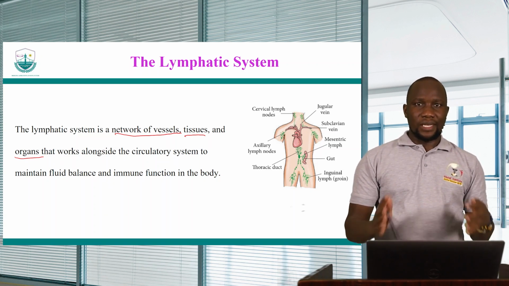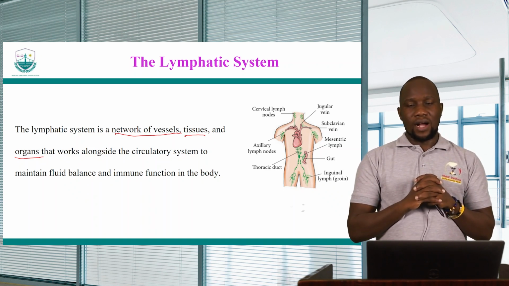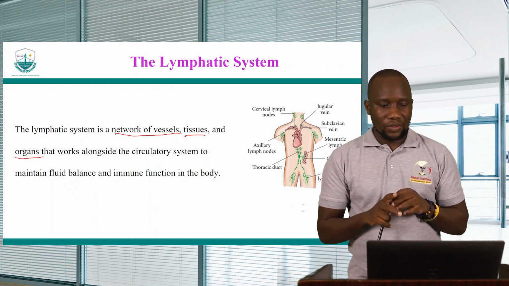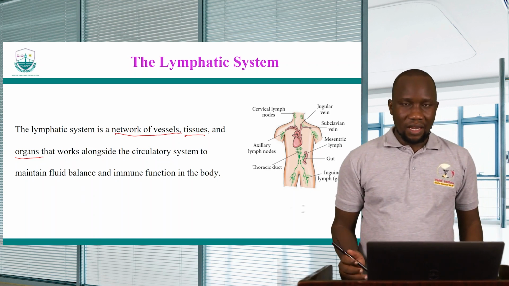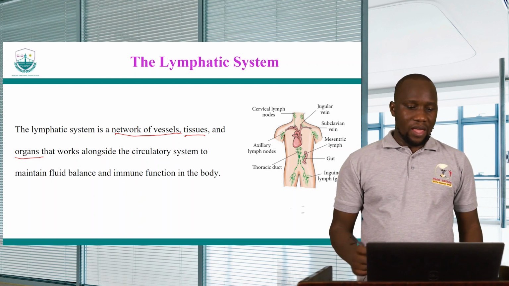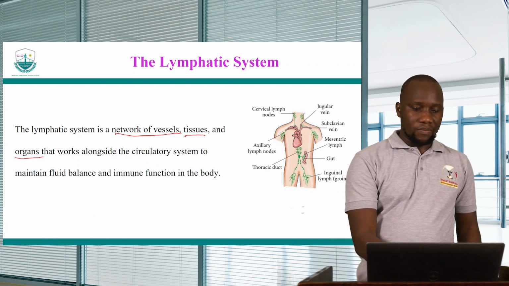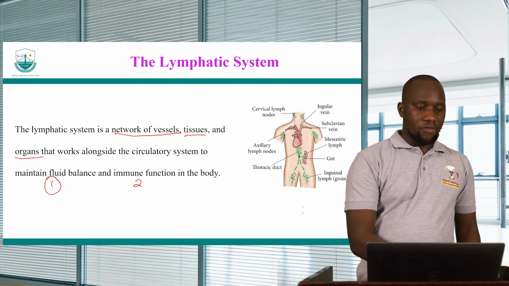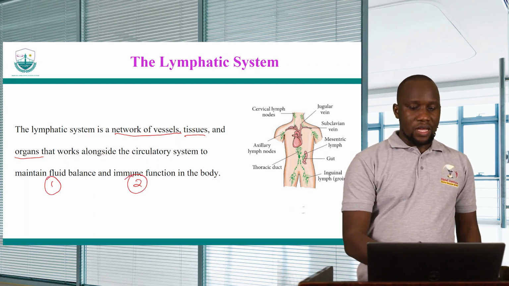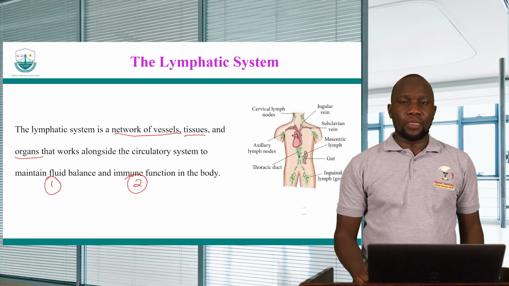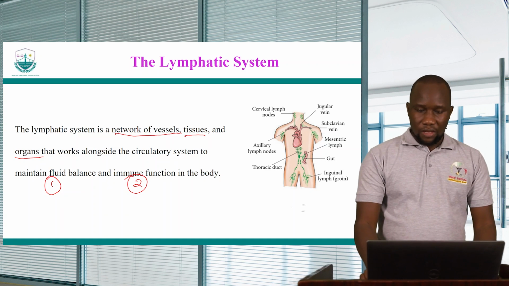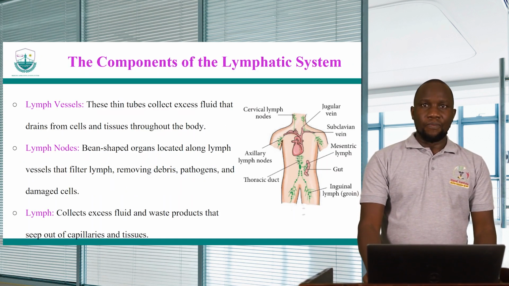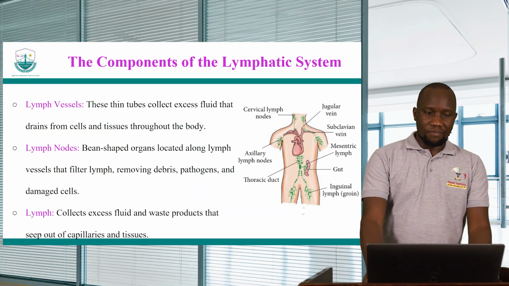They work closely alongside the circulatory system to maintain fluid balance in the body, and also play an important role in the immune system. So the first function is maintaining fluid balance. The second function is about playing an important role in the immune system. So we're going to see what really makes up the lymphatic system.